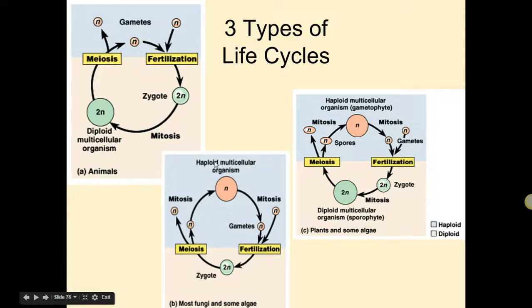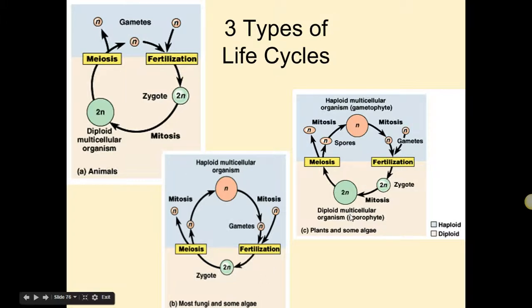They spend most of their time in their haploid stage and spend only a little time in their diploid stage. They only go to their diploid stage when they need to restore their number of chromosomes. So they rarely spend time there. It's like the opposite of this one.